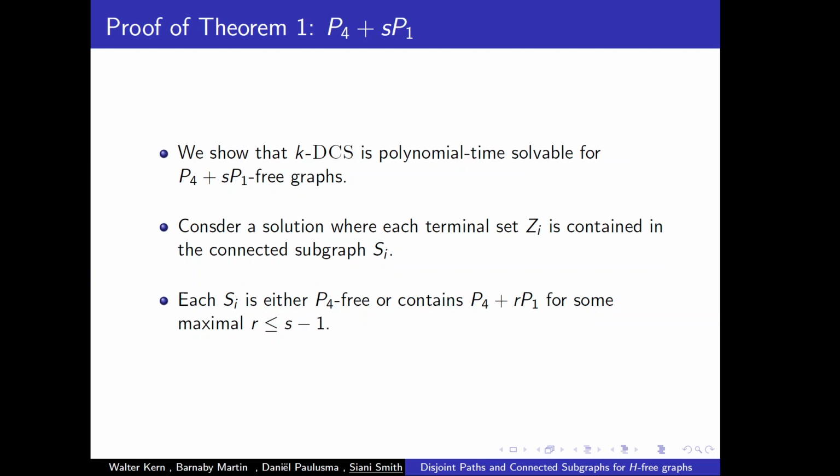So we're looking at k disjoint connected subgraphs for P4 + sP1 free graphs. A solution consists of these subgraphs S_i, where the terminal set Z_i is contained in S_i. Because our graph is P4 + sP1 free, each component S_i is either P4 free, or it contains P4 + rP1 for some maximal r at most s - 1.